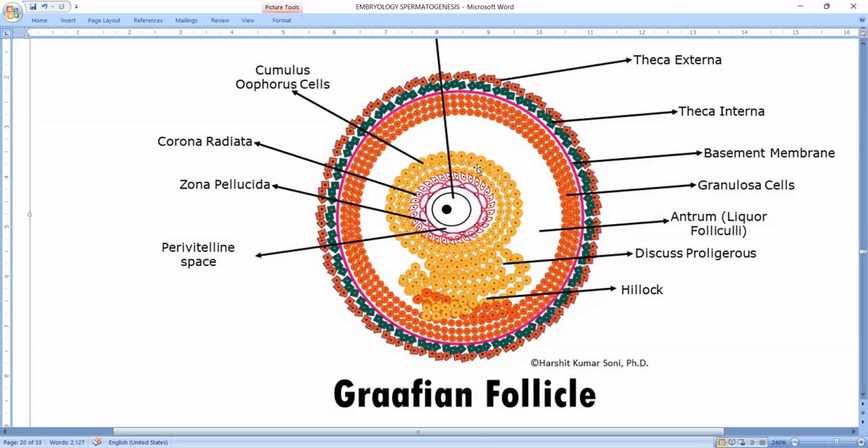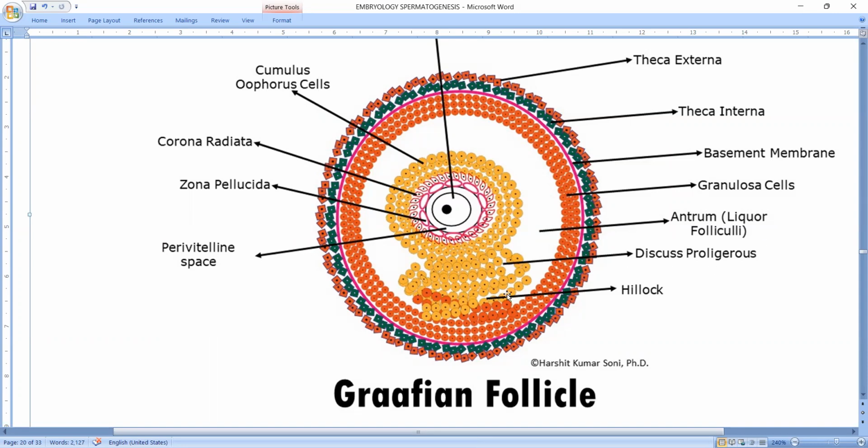You can see. So the granulosa cells that surround this corona radiata, they are called cumulus oophorus cells. Okay, and so these are general granulosa cells. Okay, and then the bridge between these general granulosa cells and what we call the cumulus oophorus cells is called discus proligerus.